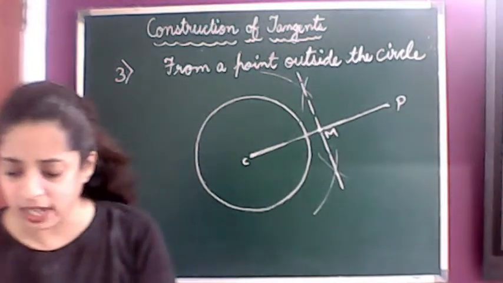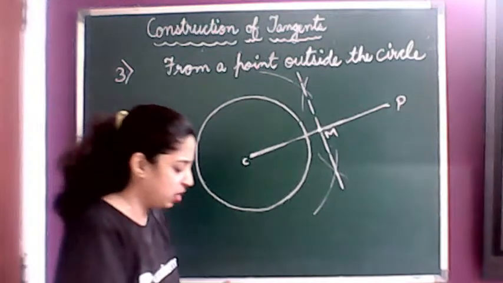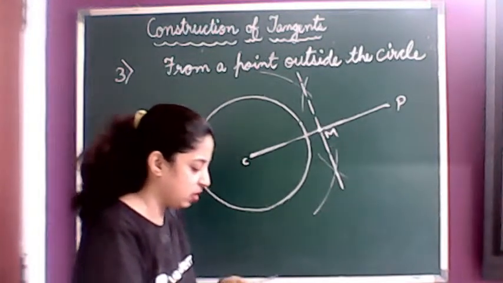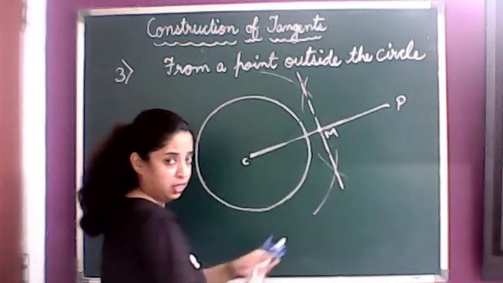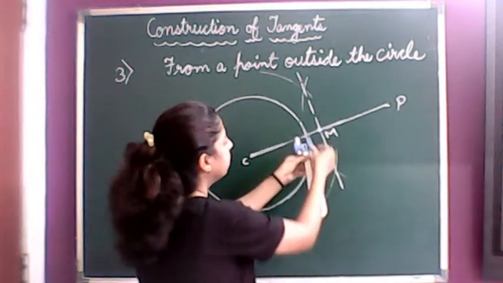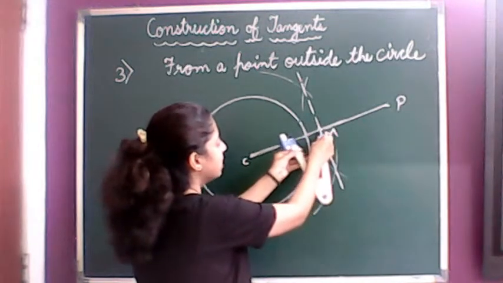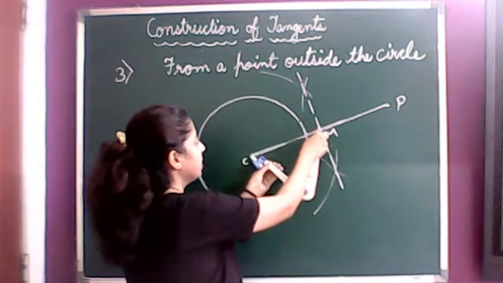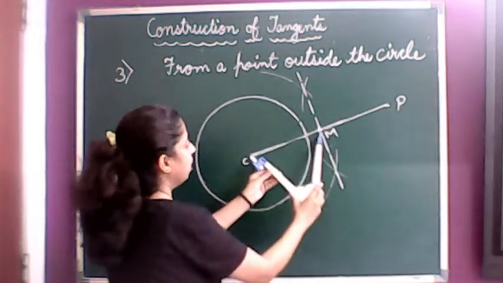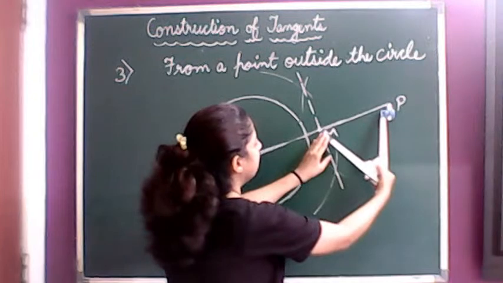Now what do you do, guys? Now, taking M as the center, extend this and bring it till C, such that CM is the radius. Now this and this will be same, is it not?